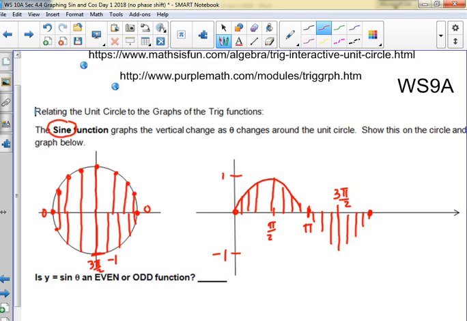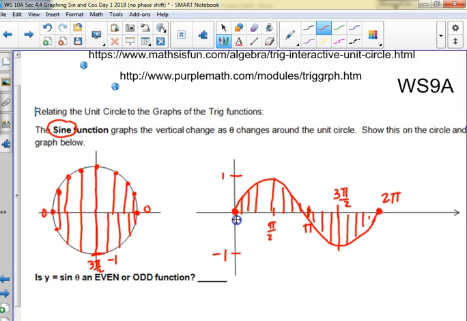So we're supposed to get something that looks like this. Everybody should have seen this at some point. I did a lousy job, but does this look familiar to everybody? Okay. So this is the sine graph.